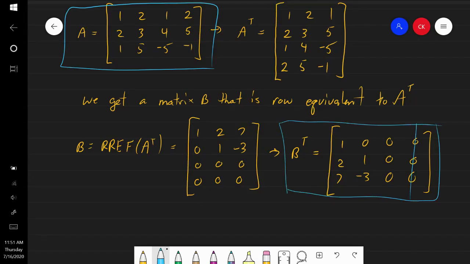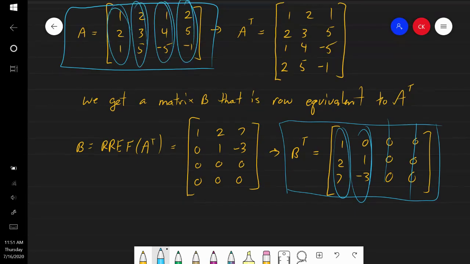And you can see we can actually wipe out a couple of columns here and generate the same range for A using only 2 vectors. So in this case, we get 2 vectors that generate the same range as all 4 of our original vectors that we had in our set.